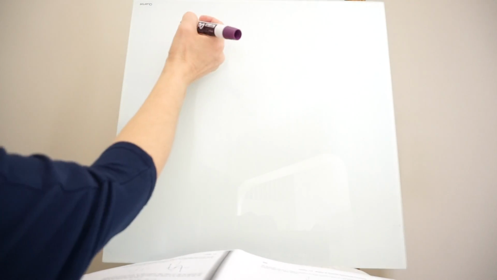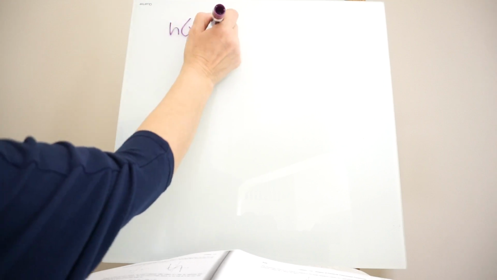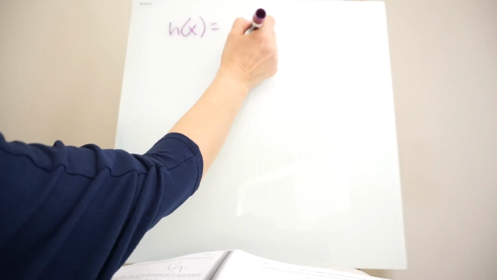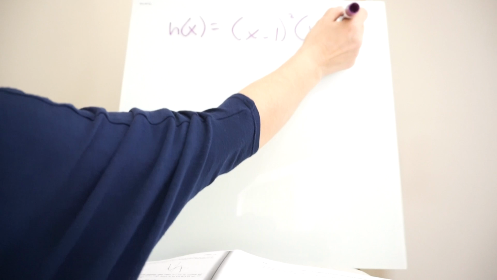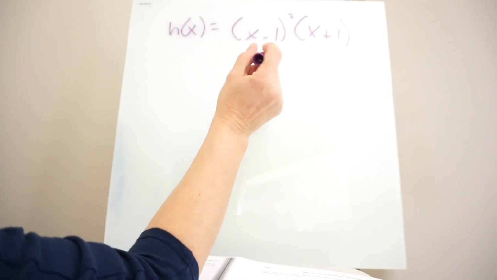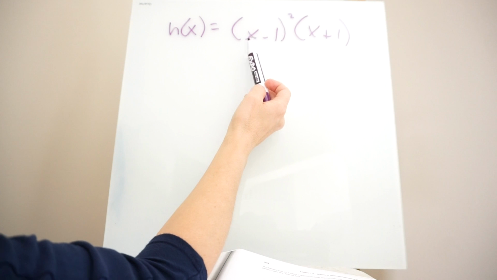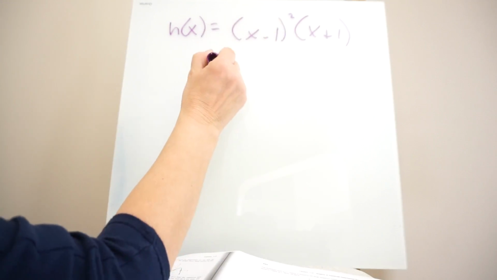Let's now look at 114.1. Which of the following would most resemble this? H of x is equal to x minus 1 squared, x plus 1. Okay, so looking at this, without me even drawing out all of the other stuff, we see that this is going to be x times x times x, so we know that we have an x cubed.